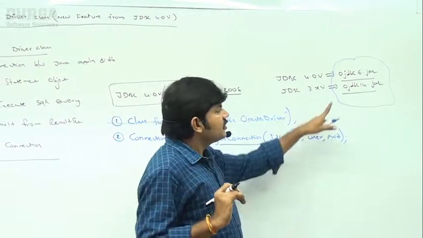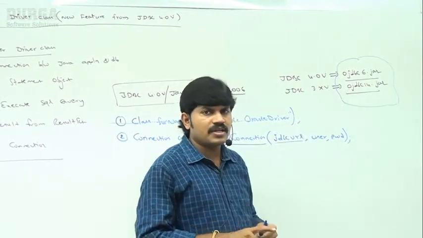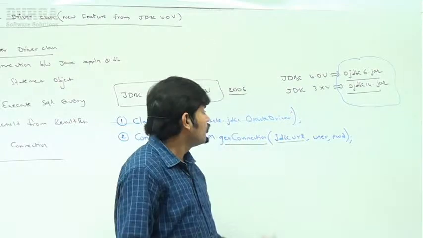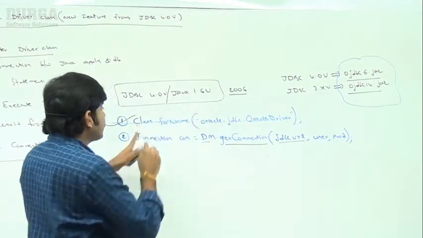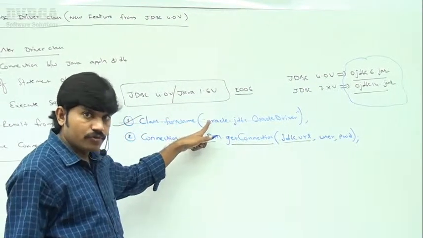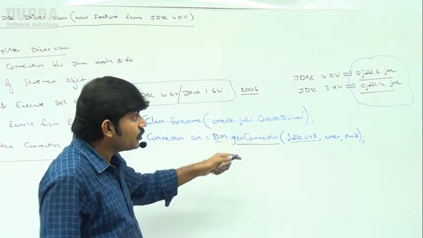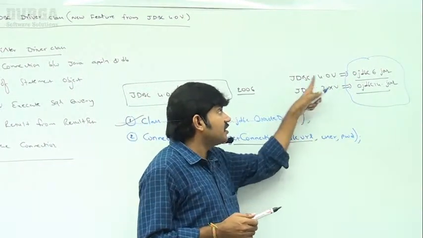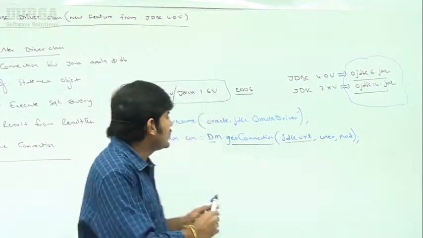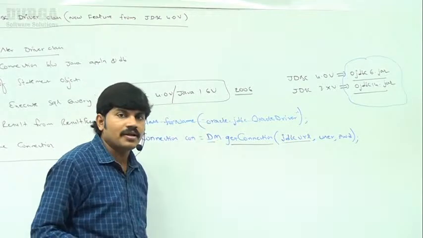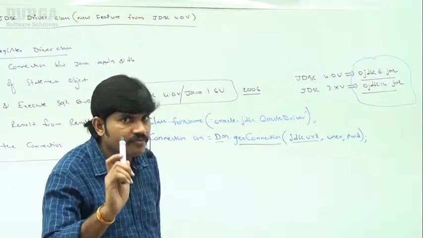Remember this one. If I use OJDBC14.jar, compulsorily we have to load the driver class explicitly. Otherwise, the code won't work. If I use OJDBC6.jar, because it is based on JDBC 4.0, this step is optional. If you want, you can remove it.